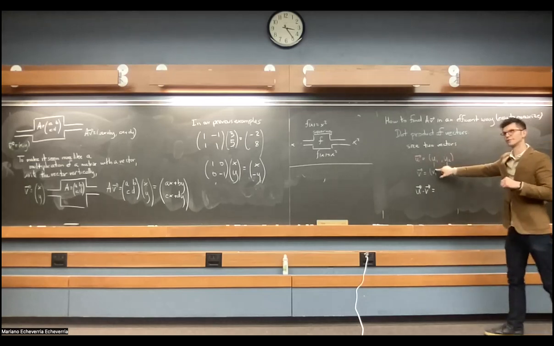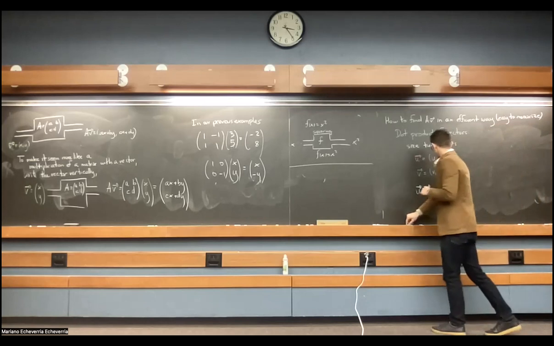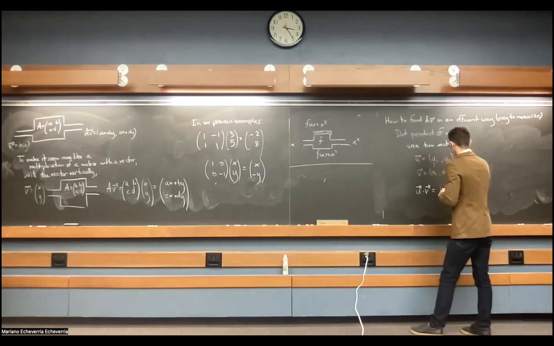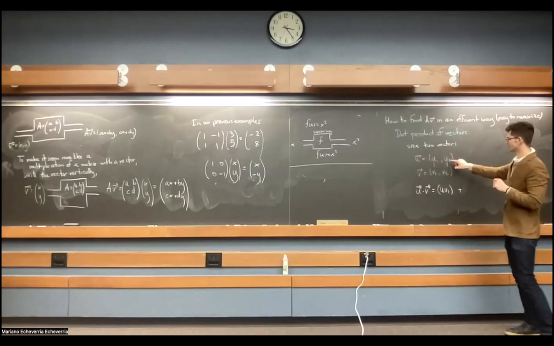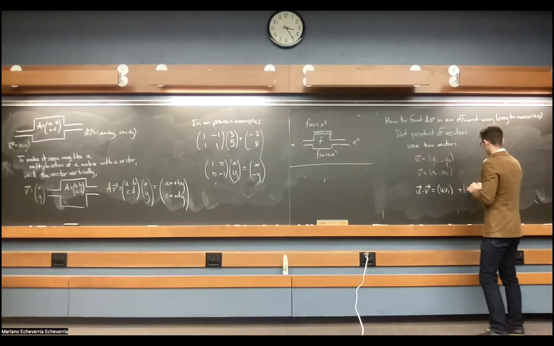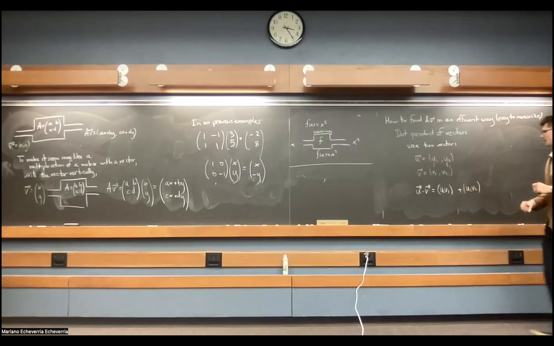So the first entry with the first entry gets multiplied, so you do u1 v1. And then you do the second entry with the second entry, multiply this together, and then you add up the results.